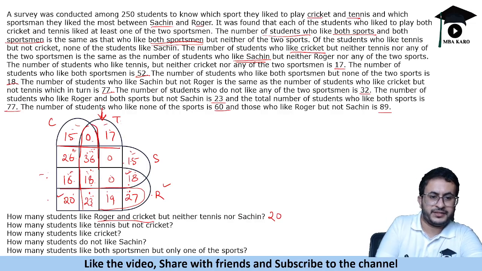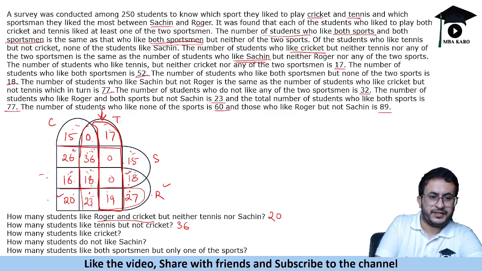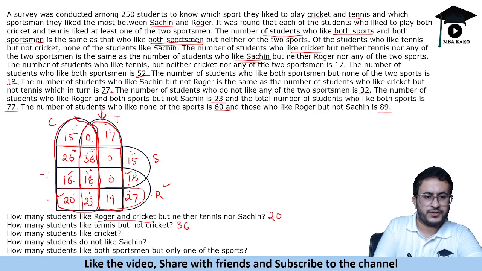So we will add this part, tennis but not cricket, so that is 36. How many students like cricket? Add all these values. So this is 41, 57, 77, and this is 100 and 54, so 154.